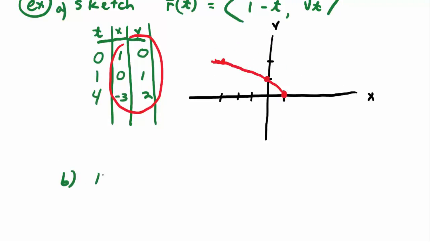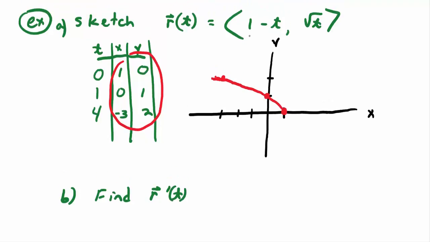Part B, find r prime of t. So, okay, r of t is up there. What's r prime of t? It's -1, right?